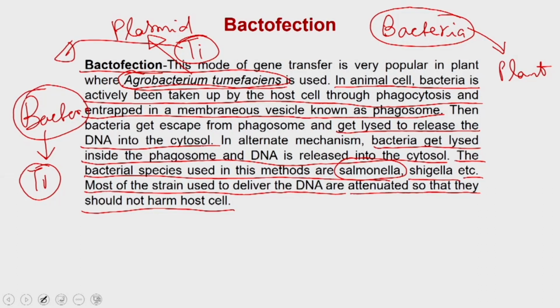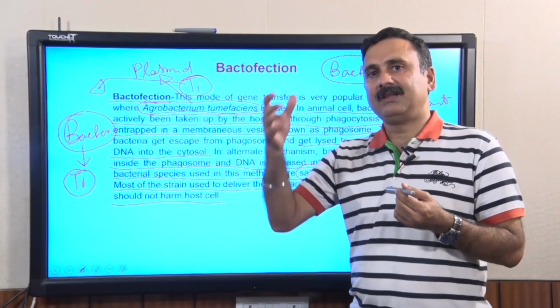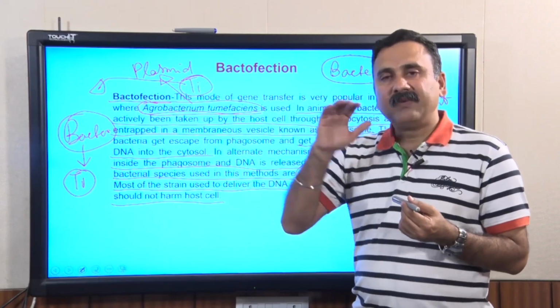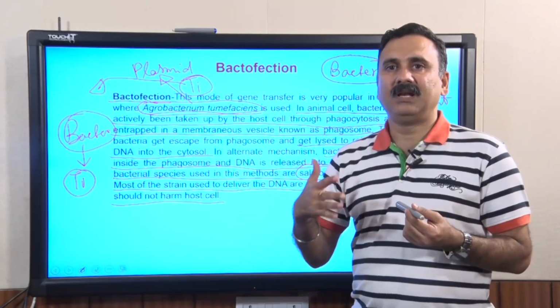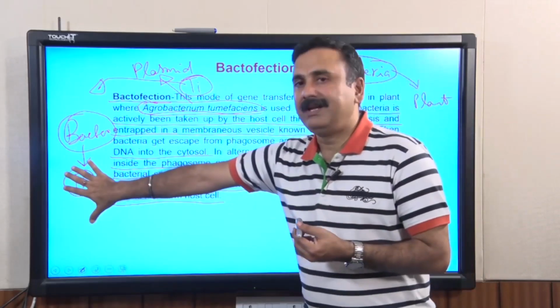Agrobacterium tumefaciens has the ability to infect the plant. Once it infects the plant, it causes a wound, and in this process the bacteria actively transfers its genetic material, and along with that it also transfers the Ti plasmid.